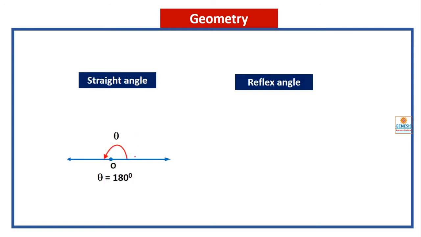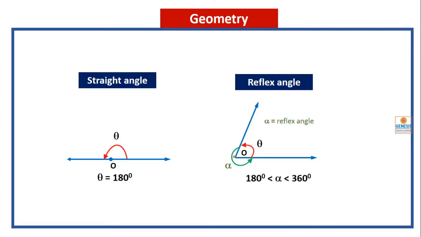Okay, so next one is the straight angle. When two lines form another straight line, we call it a straight angle. And this is called a reflex angle. The angle made at this point is theta. This we call an angle. And the rest of the angle is the reflex angle. So what is the reflex angle? This you have to keep in mind.